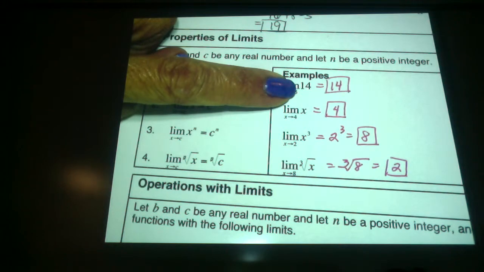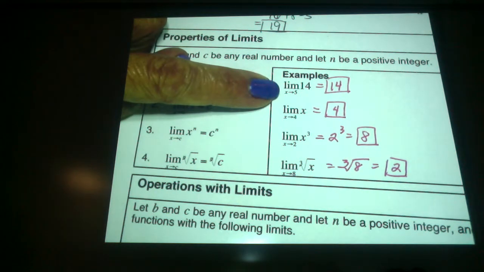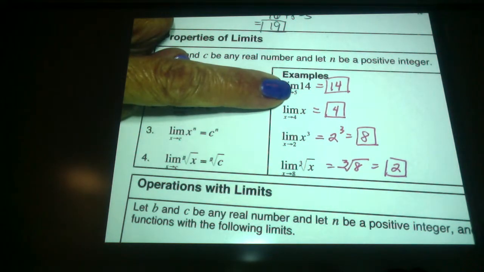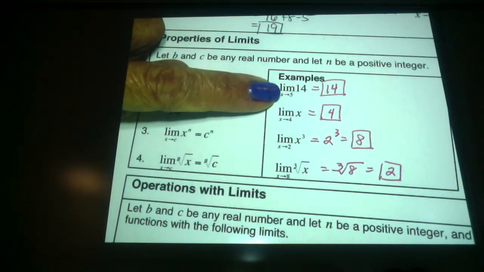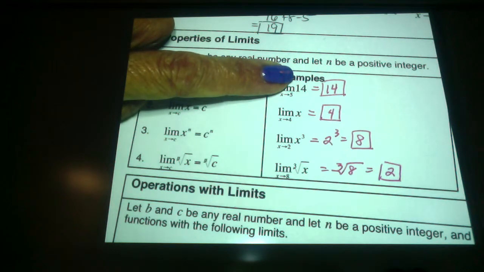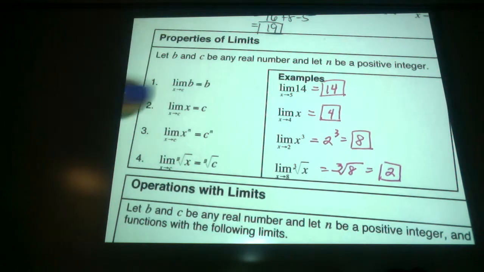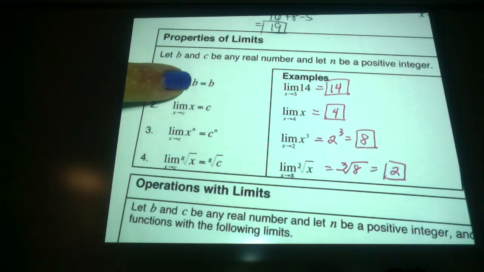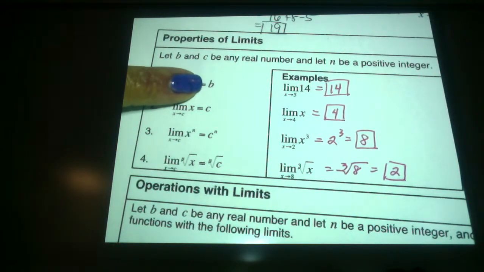And so if I don't have any variables in there, isn't this a horizontal line going through the y-axis at 14? If you put into your calculator 14 and the y equals, you're going to get a horizontal line at 14. And so what is the limit as x approaches 5? It doesn't matter what the x value is, what's the y value always? 14 on a horizontal line. And so that's why this particular property says if this is a number, the limit is whatever that number is.